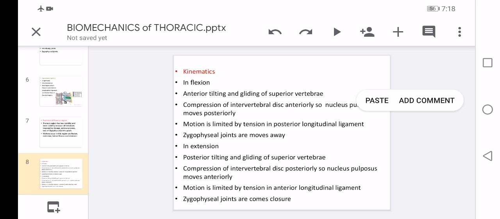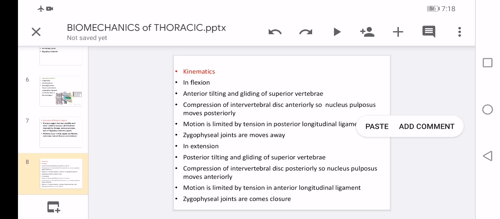In extension, remember it is the opposite of flexion. There is posterior tilting and gliding of the superior vertebra, with compression of the intervertebral disc posteriorly, so the nucleus pulposus moves anteriorly.